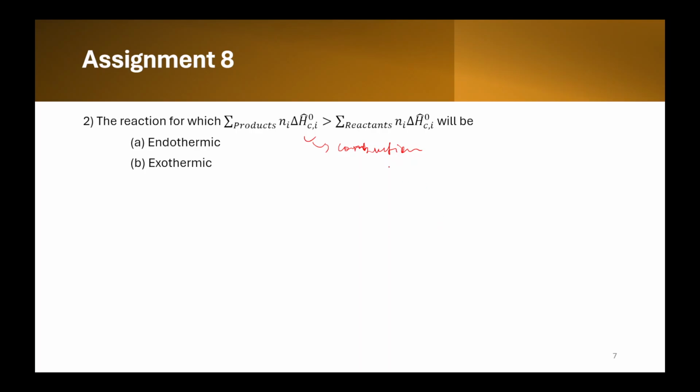Okay, so we are given the standard heat of combustion, specific standard heat of combustion for each product and reactant.